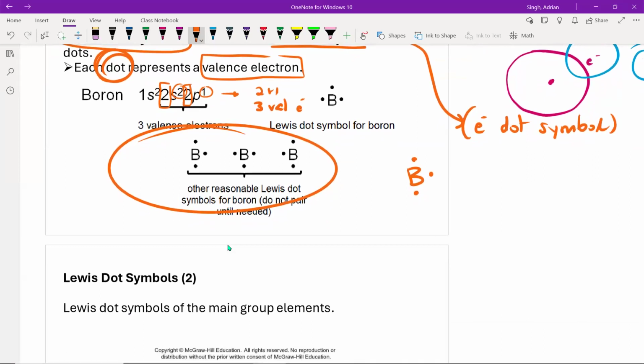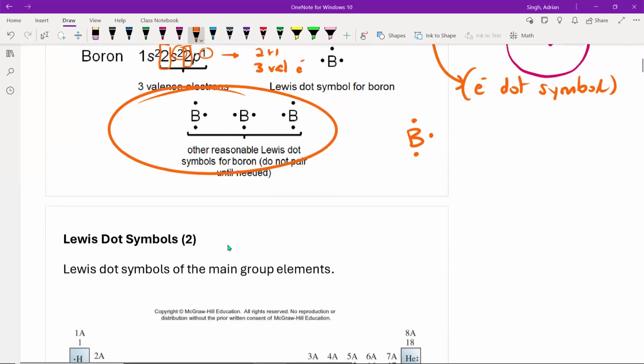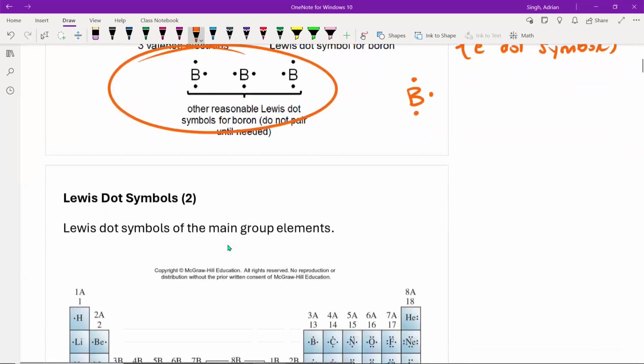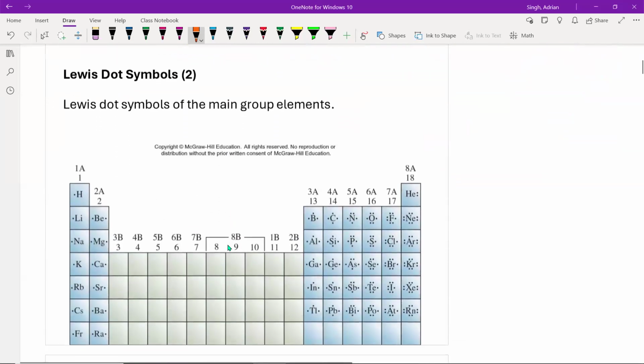As a quick reminder, when it comes to our Lewis dot symbols, and specifically now the valence electrons, we can use our periodic table to help us figure out our valence electrons for the main group elements.